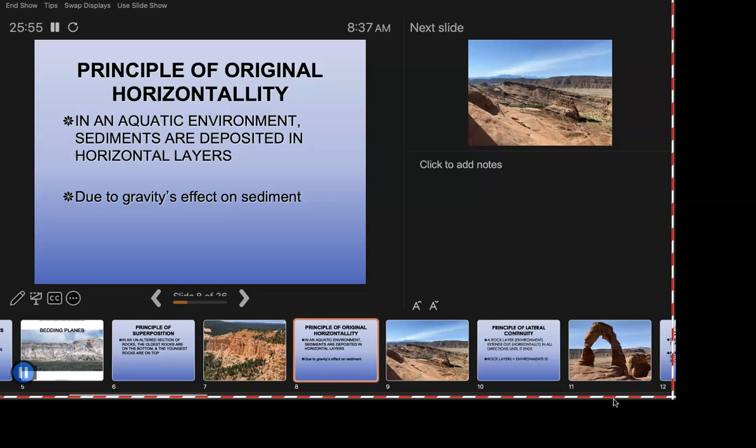So now when you look at a cliff, you should know that if it's not horizontal, it should have been originally, as long as it's aquatic. And also that the oldest stuff is at the bottom and the youngest stuff is at the top. So next time you're driving by, down the thruway by Little Falls there, and you look at all that shale, you now know two more things about it in addition to the fact that it is shale.